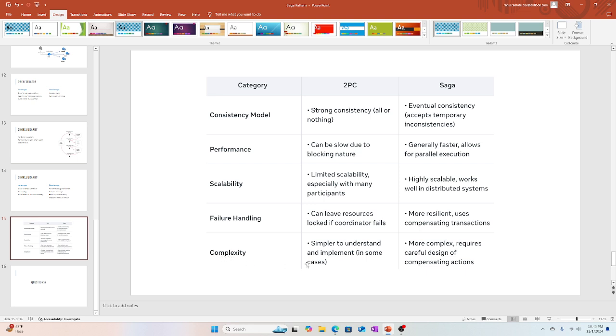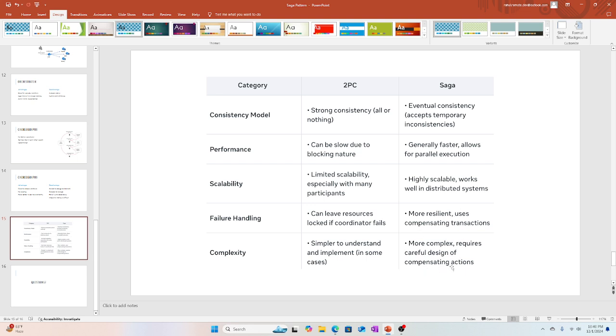And in complexity, 2PC is simple to understand and implement in microservices. And Saga is quite complex to implement and requires careful design.